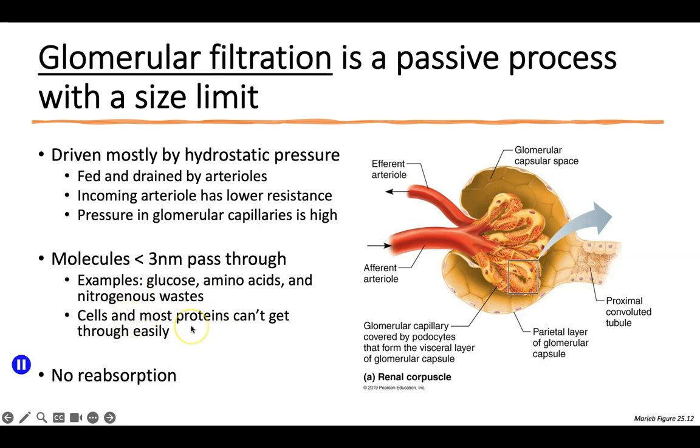Cells and most proteins can't get through very easily. There is no reabsorption happening here in the glomerular capsule. So lots of hydrostatic pressure pushes fluids and small molecules out into the renal filtrate.